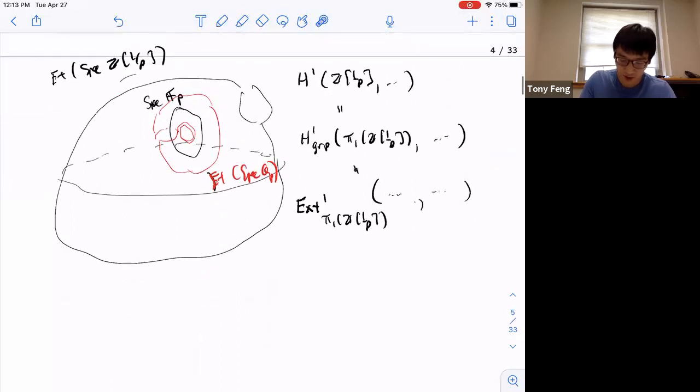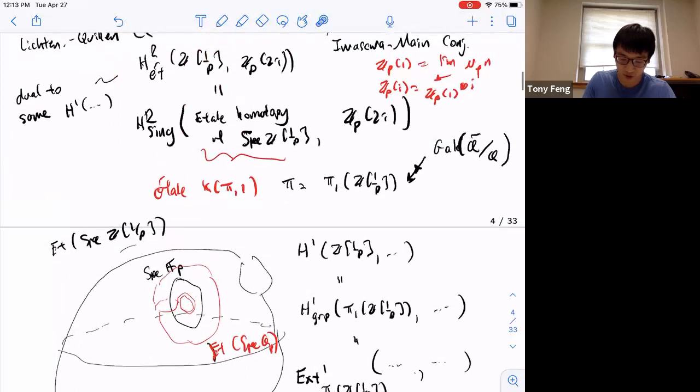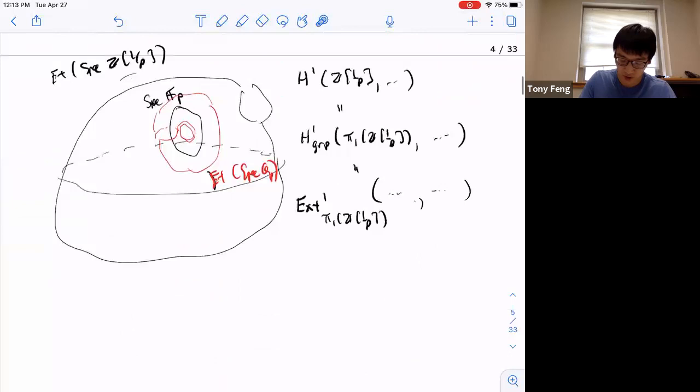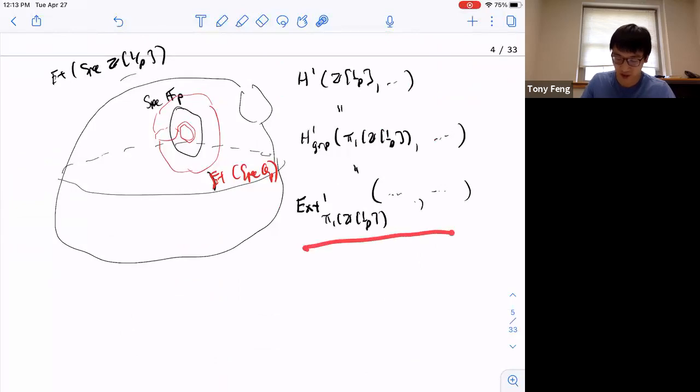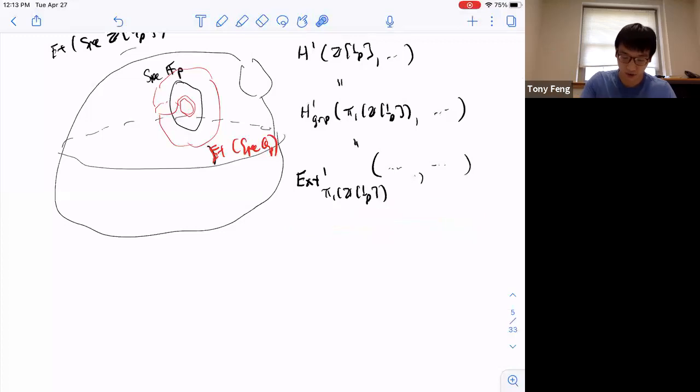So we see here another interpretation of the group which shows up here, which is related to some sort of space of extensions between two one-dimensional local systems. So in other words, this is some sort of space of two-dimensional Galois representations.